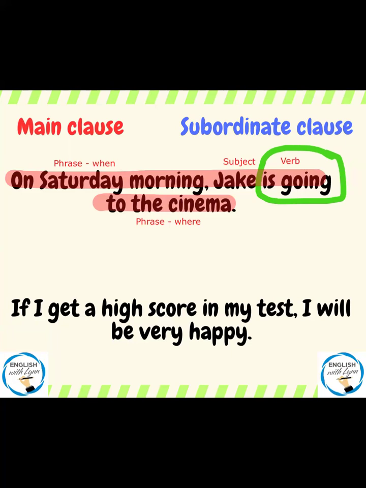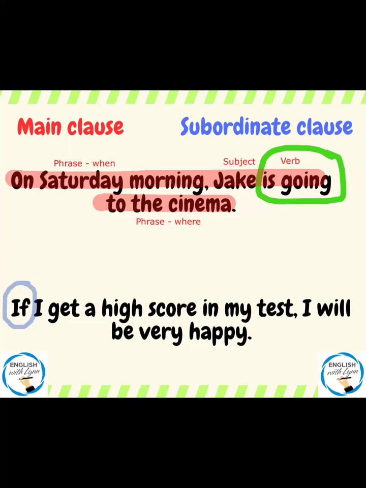Now, the next one: if I get a high score in my test, I will be very happy. Notice that this particular sentence begins with if. If is a conjunction, and it is a subordinating conjunction.